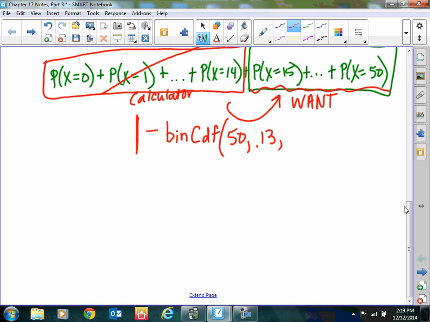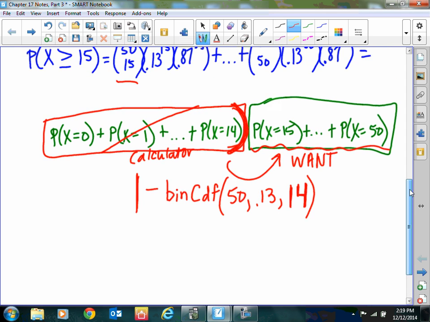Now, this is a big deal right here. 14. I am taking off the bottom 14. I am not taking off the bottom 15. If you take off the bottom 15, you have taken off too much. You are only taking off the bottom 14.